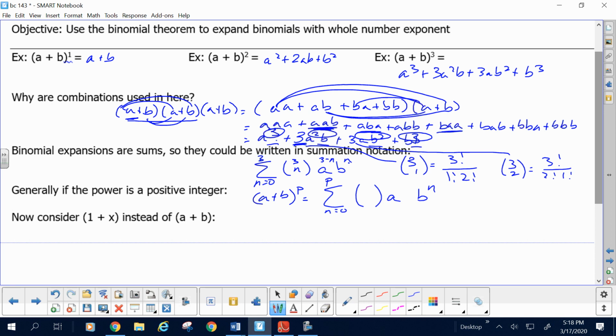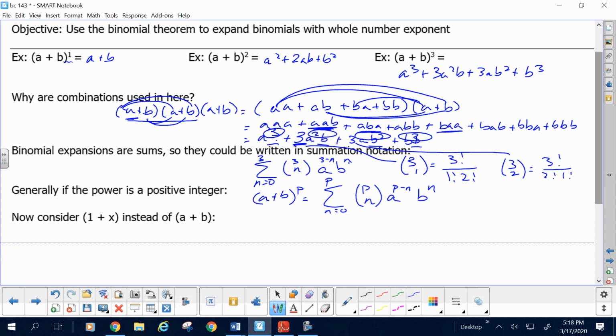You'd go until you got to the final power. And as far as the a power goes, well, it's always the total power, which in this case now is p, take away the power of b, so p minus n. And then the combinations. It's always the total power, choose the power of b. That's the binomial theorem, and it gets you any kind of terms of a plus b to a power.